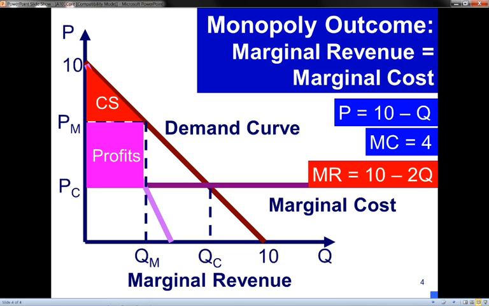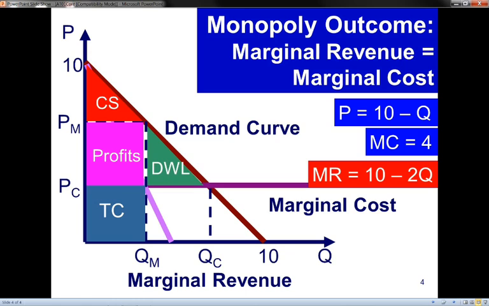And that's what the purple or magenta rectangle there represents, the actual profits in an economic sense of the monopolist. Our monopolist actually has costs as well, and those are the break-even costs represented by total cost, the cost of quantity times marginal cost.